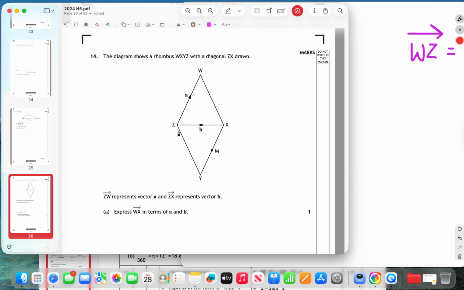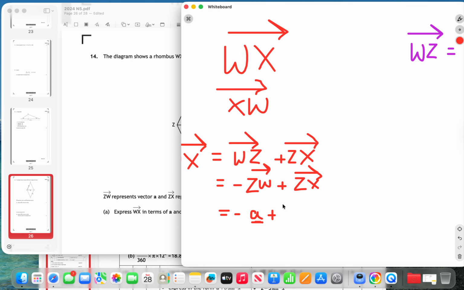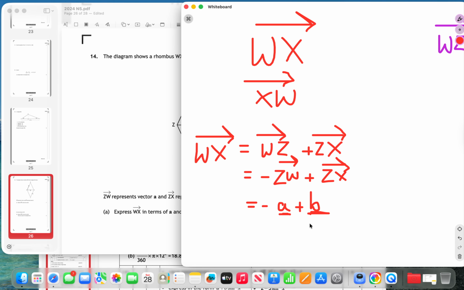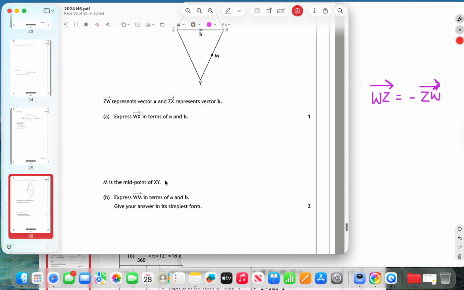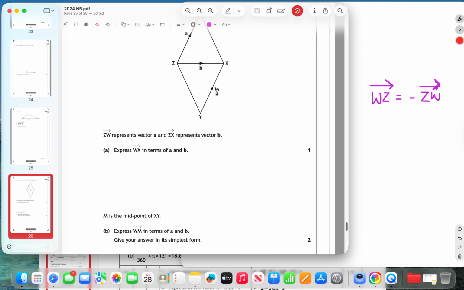Now ZW in that direction is A, so we put minus A, and we want to underline the A to show it's a vector, and ZX is B, again underlined, and that's us finished section A.